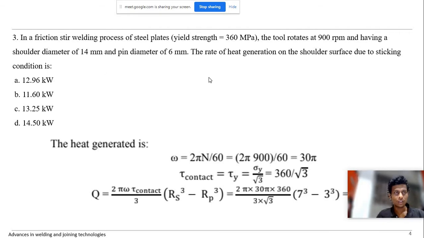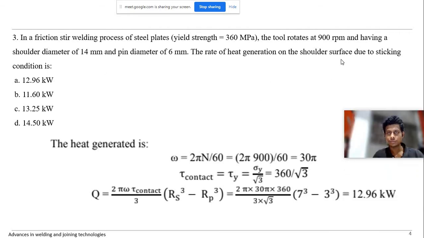Then sigma y is given as 360 MPa, so 360 by root 3. And here we are using MPa, meaning Newton per mm square, so we need to use the rest of the units in mm only.